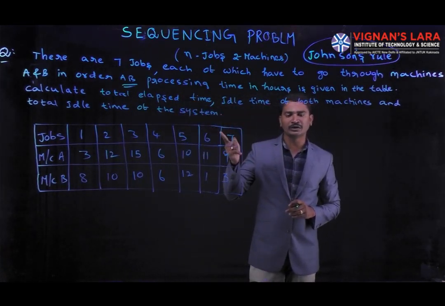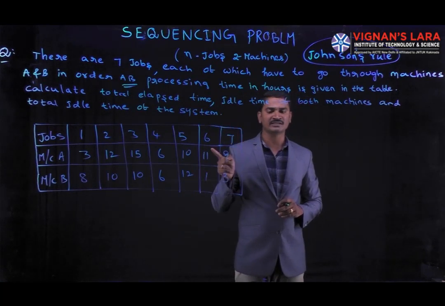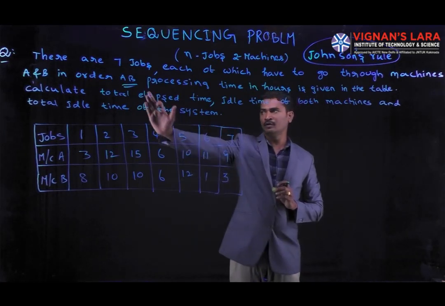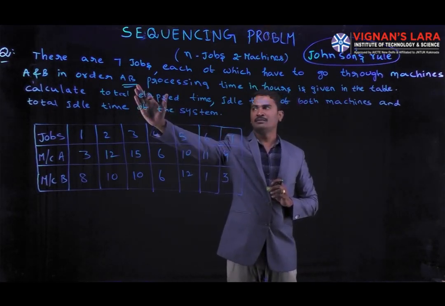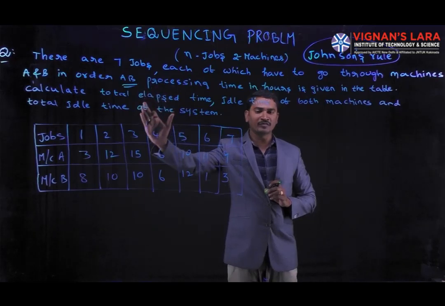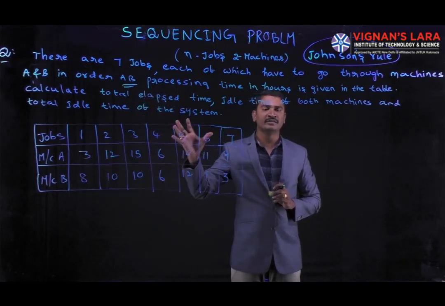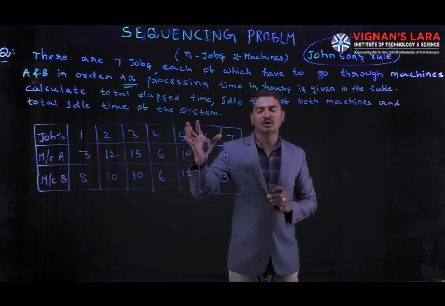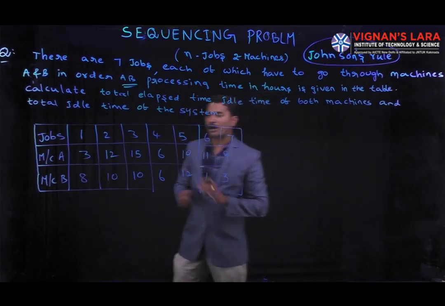We are going to take any one job first, and after finishing it we go to the second job. But here we don't know the job sequence; we know the machine sequence. Now we have to find the job sequence, which job we do first and which job next. That is called the optimal sequence.